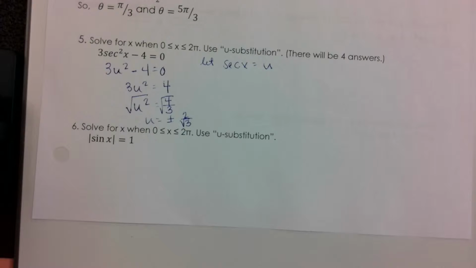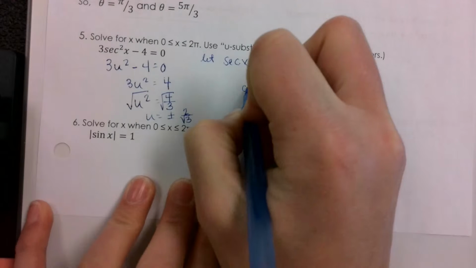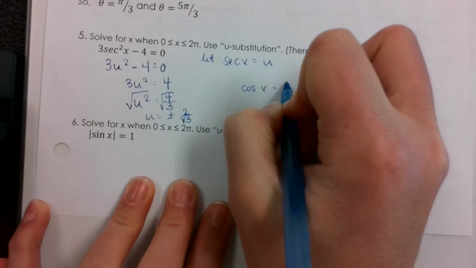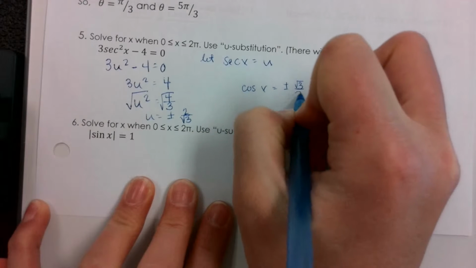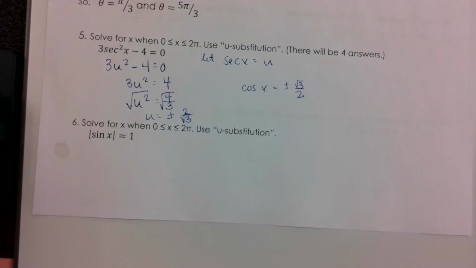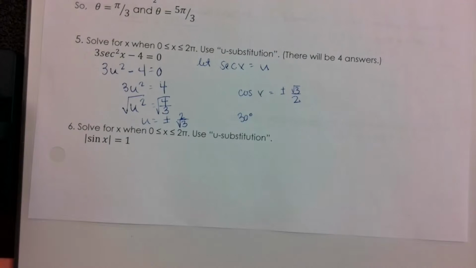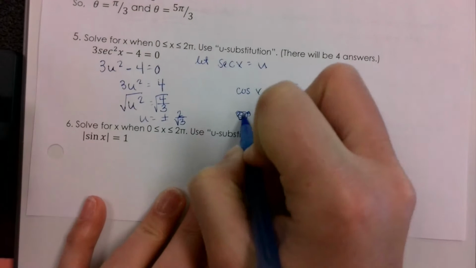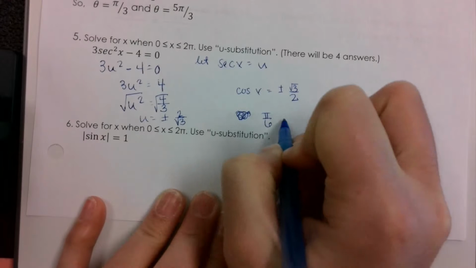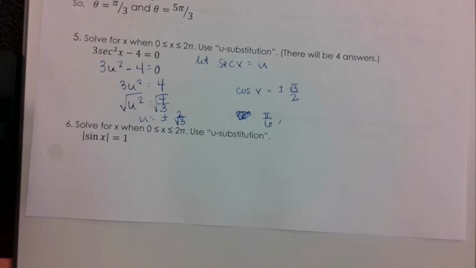So where is cosine square root 3 over 2? I'm going to write that: cosine of x equals square root 3 over 2. So that happens at 30. Where else? Oh, yes, this was in radians. So pi over 6. And then also 5 pi over 6.